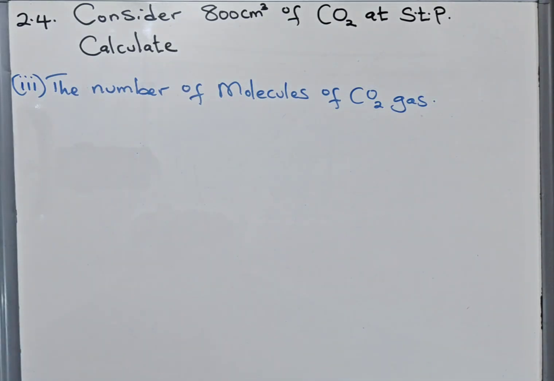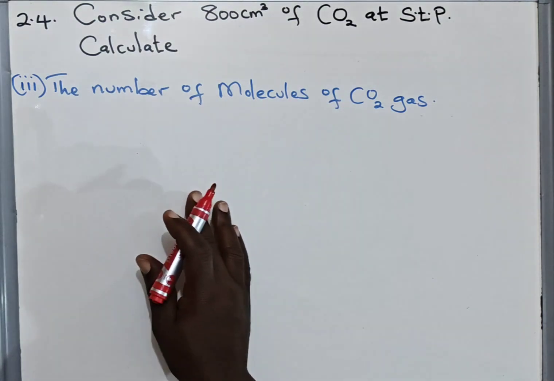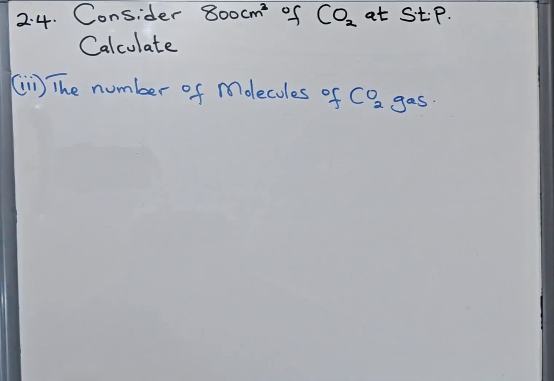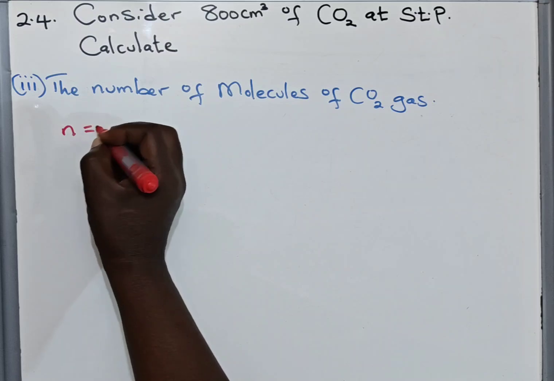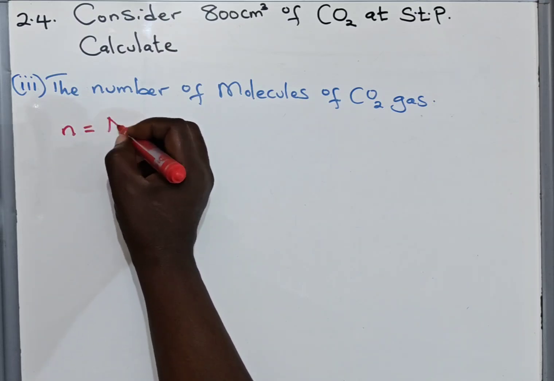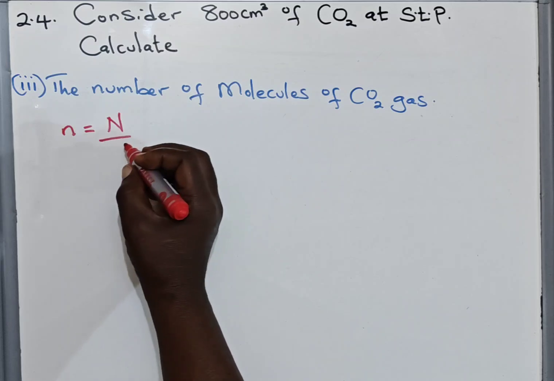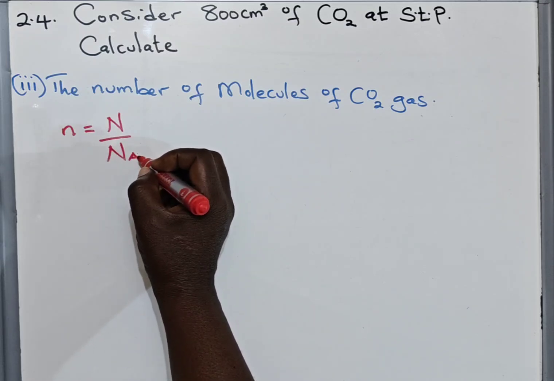What do we do here? You have to establish the relationship between number of molecules, or number of particles, with moles. The relationship is clearly known: number of moles is equal to N, which means number of entities, in this case molecules, over Avogadro.